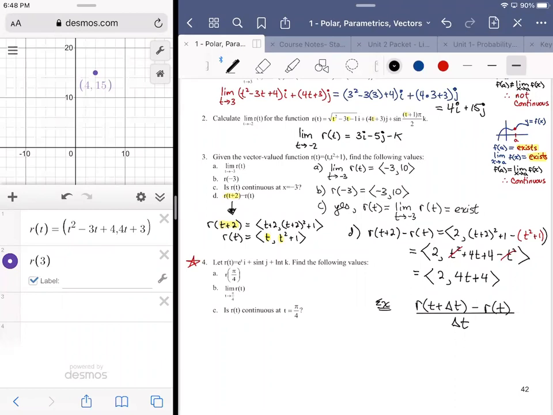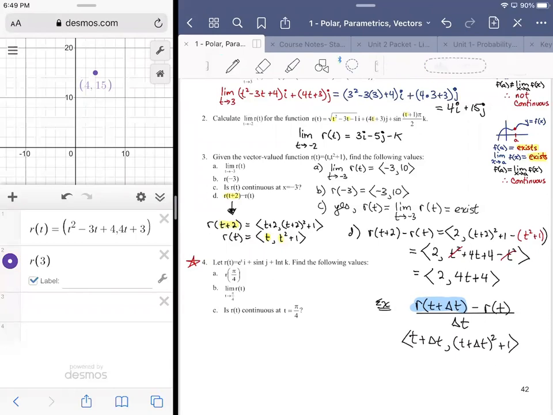So R of T plus delta T would be, let me just use a blue highlight. All right, so T plus delta T comma T plus delta T, the quantity squared, plus 1.